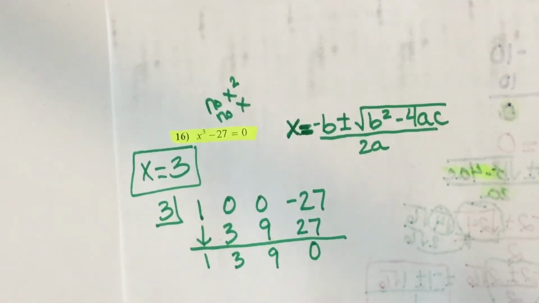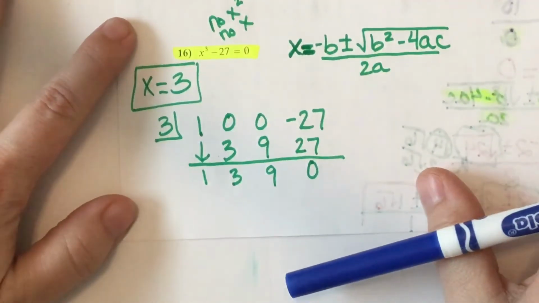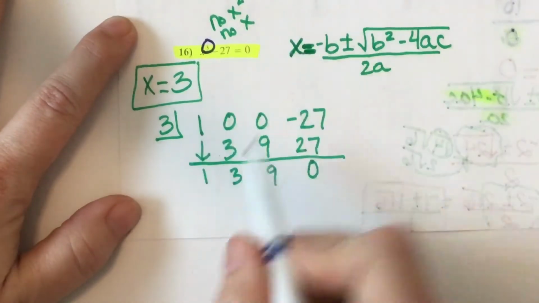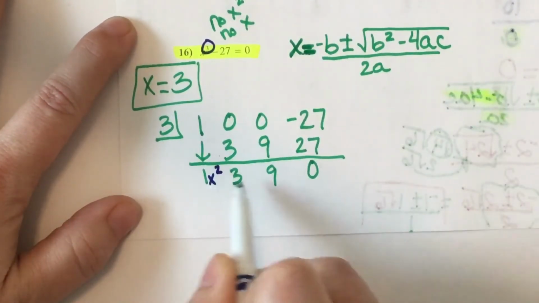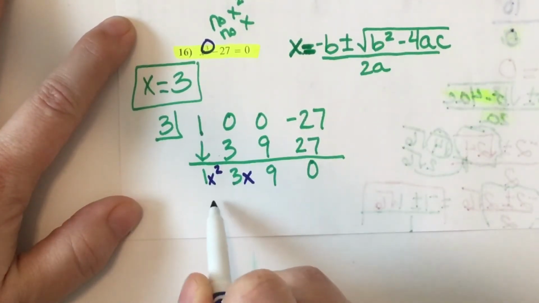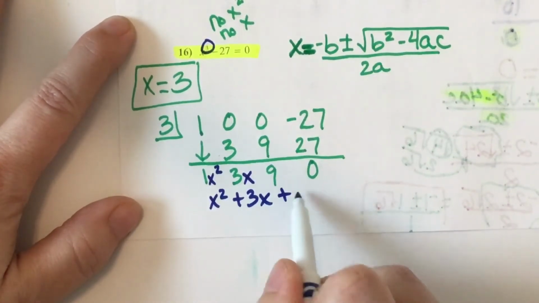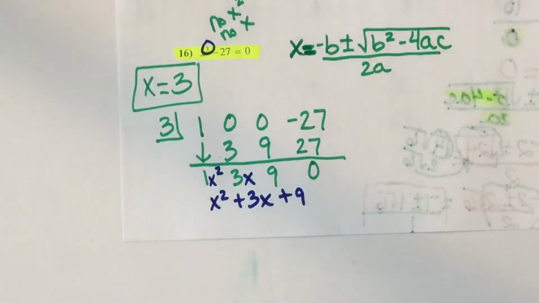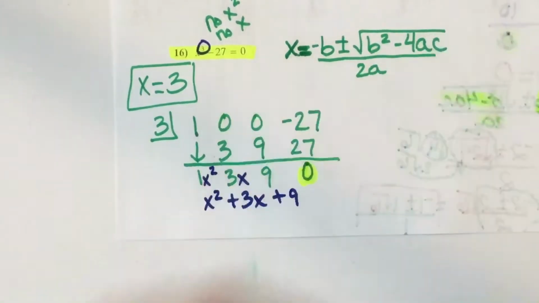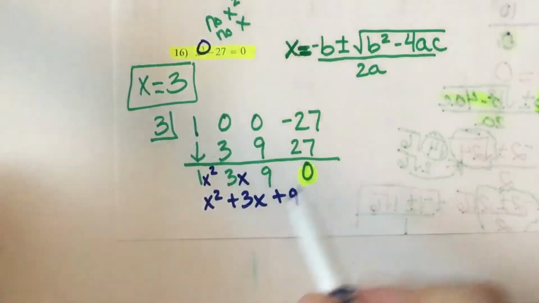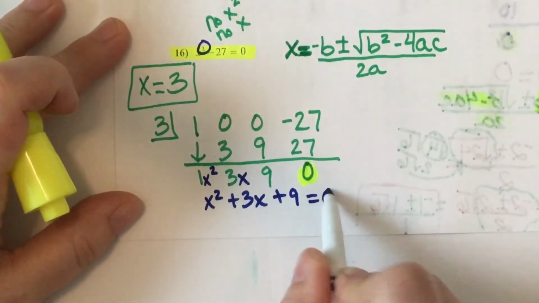All right, so this answer I solved with the quadratic formula. It started off x cubed, so this 1 is in front of an x squared, the 3 is in front of an x. So I've got 1x squared plus 3x plus 9. Remember, the last number is your remainder. So if your remainder is a 0, you don't have to put it in there. And then because I have an x squared, I do solve this with the quadratic formula.